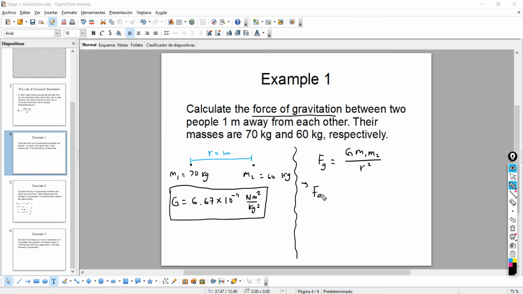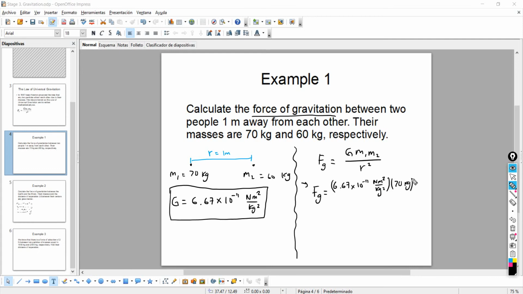So let's see. The force of gravitation will be equal to G, big G, which is this number. So let's just write it down. There you go. And then the mass 1, which is 70 kilograms.